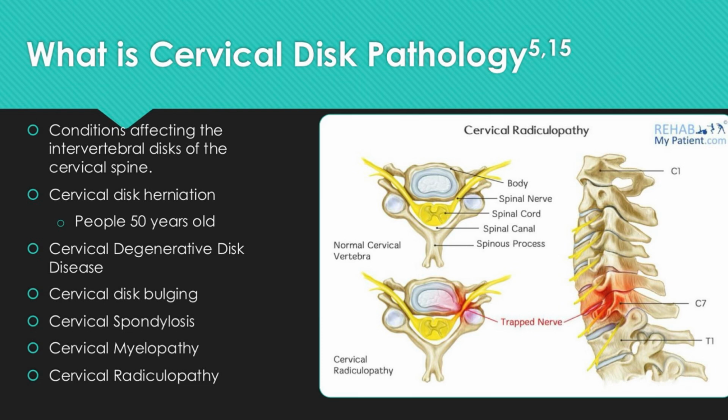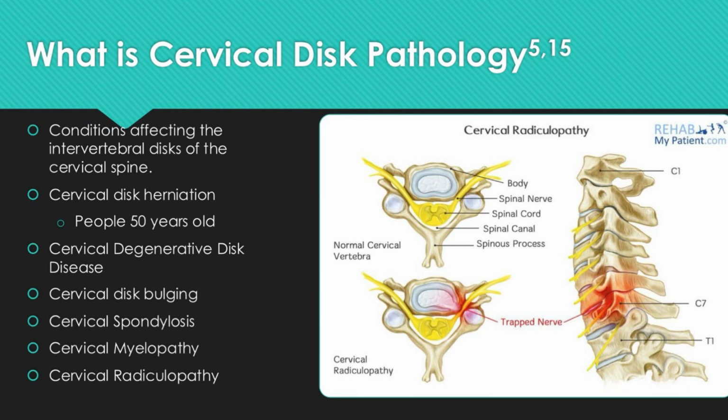You also have cervical spondylosis, which is a condition where the cervical discs wear down over time due to age. Another one is cervical myelopathy, where you have compression of the spinal cord. And then the one that we found Dutton mainly talked about was cervical disc radiculopathy.